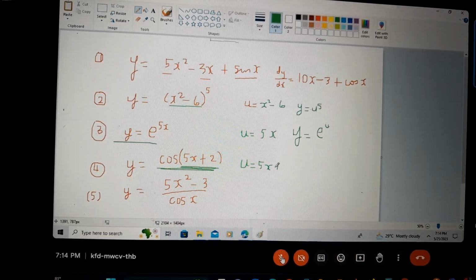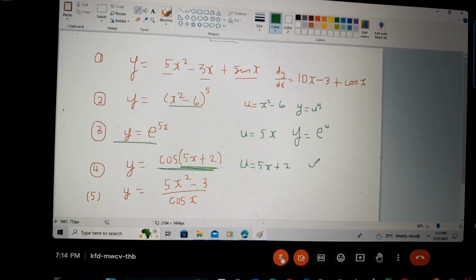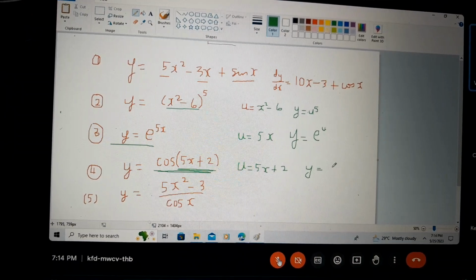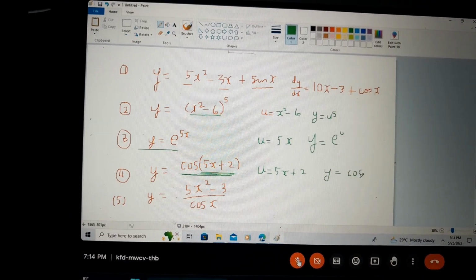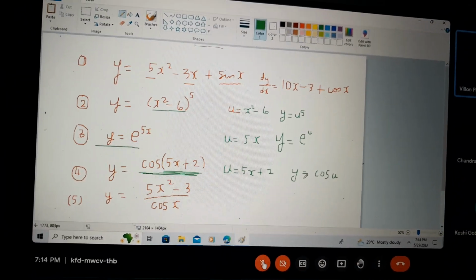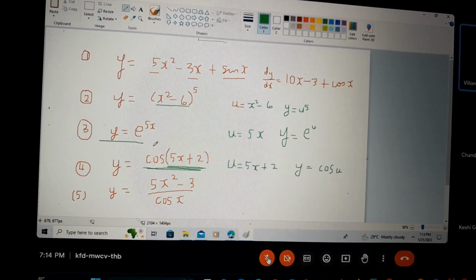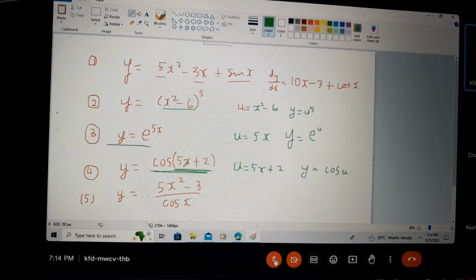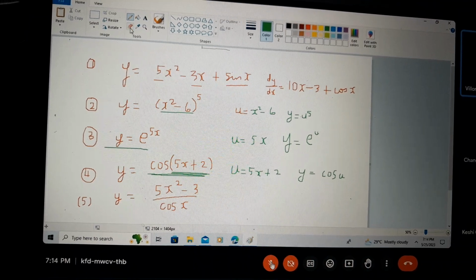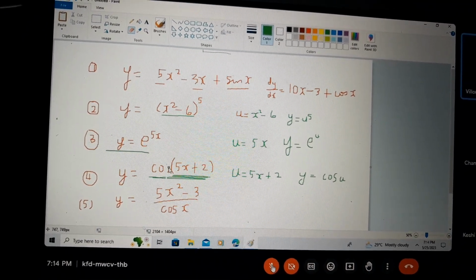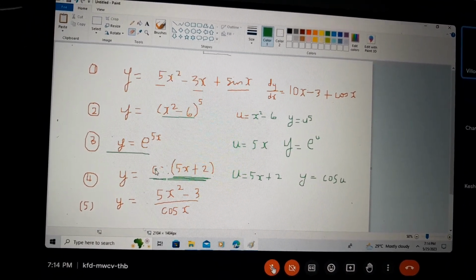And y would be equal to cos u. So let me explain, Mr. Sugri. I'll show you how it could be a product rule.